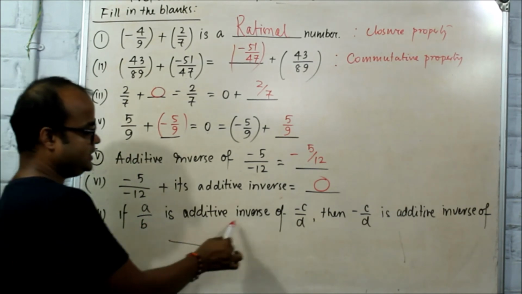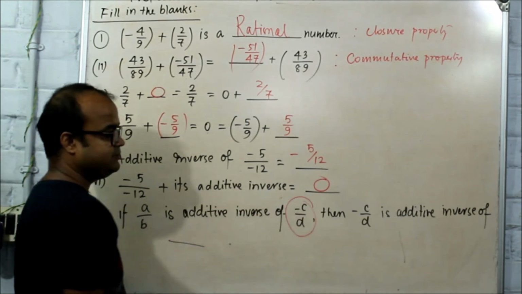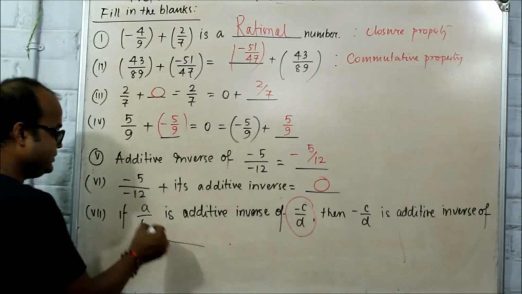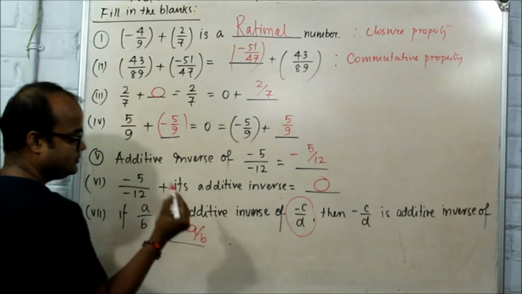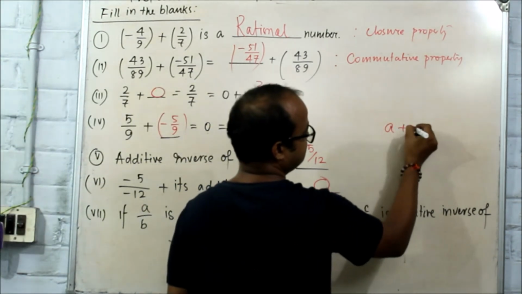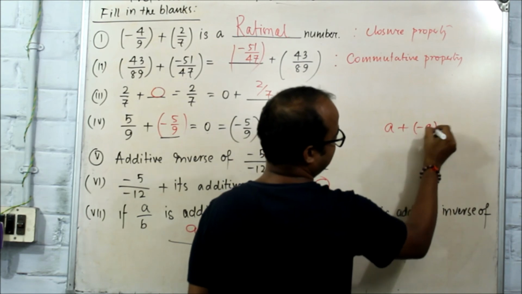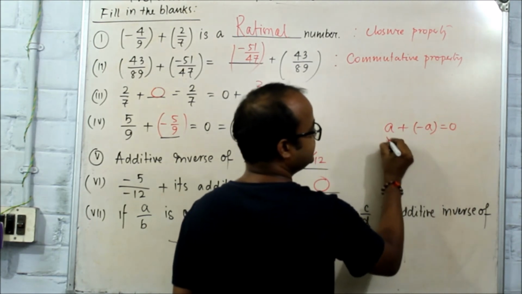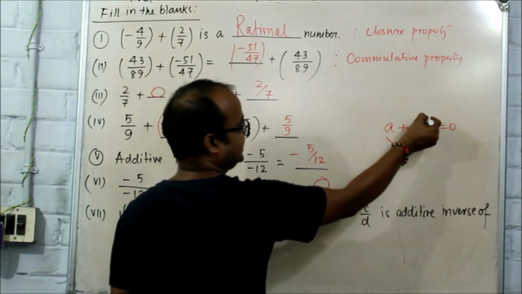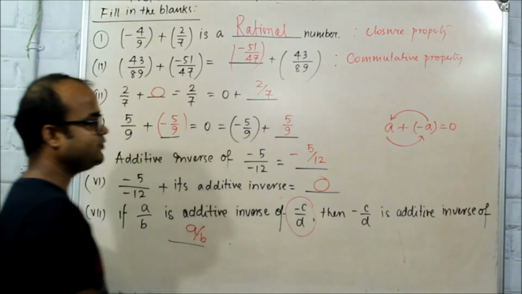If a by b is the additive inverse of minus c by d, then minus c by d is the additive inverse of a by b. Because a plus of minus a is equal to 0, then a is said to be the additive inverse of minus a, and minus a is said to be the additive inverse of a.